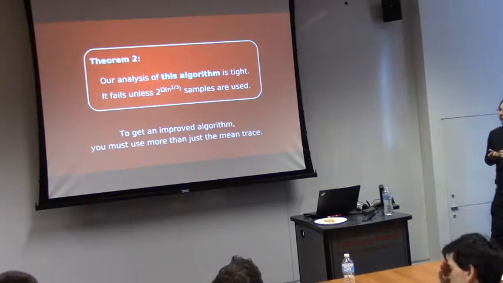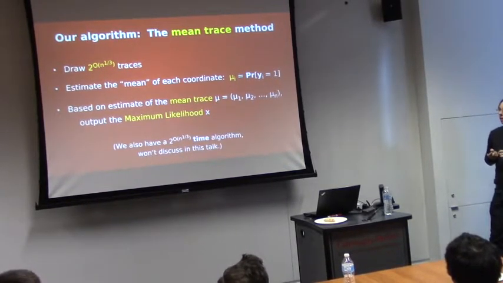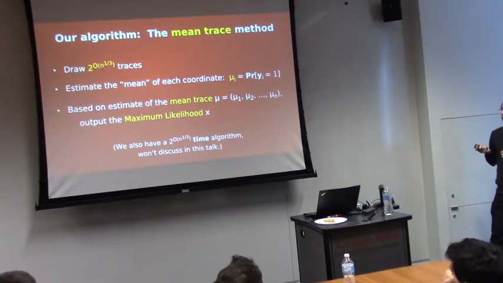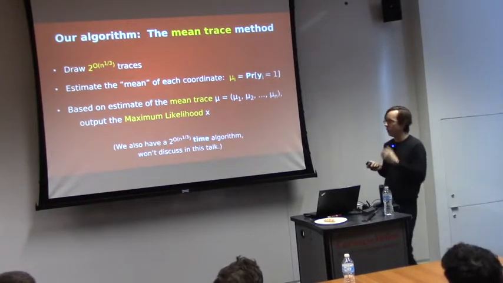So is the hard part computing the maximum, or showing that n to the 1/3 is enough so that with high probability the maximum likelihood is right? The latter. That's most of the work: showing that with this many traces, your estimate of the mean trace is good enough that the maximum likelihood x will be the true x with high probability.